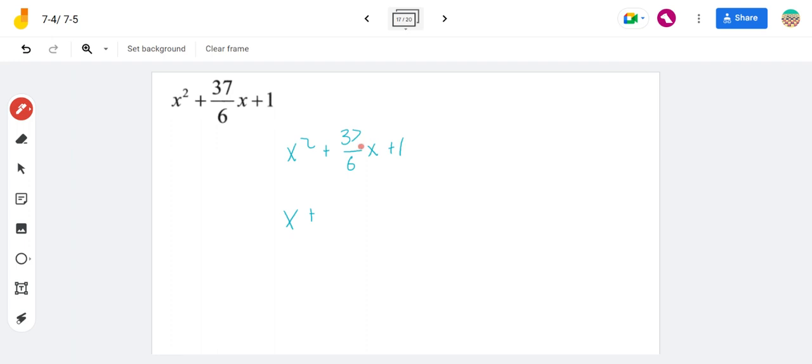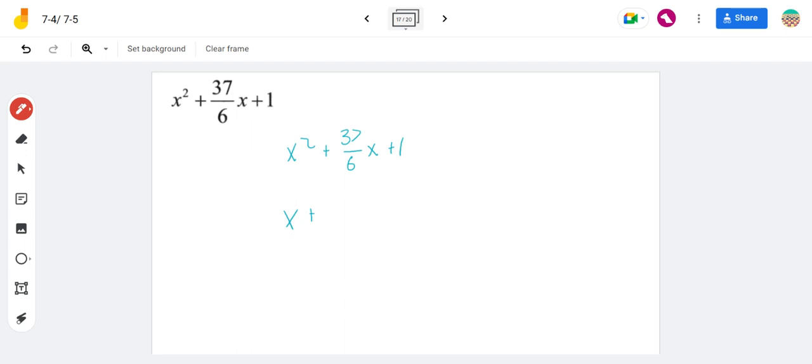Yeah, so the fraction over there is very hard to deal with. So what we can do is factor out 1 over 6 from each term.